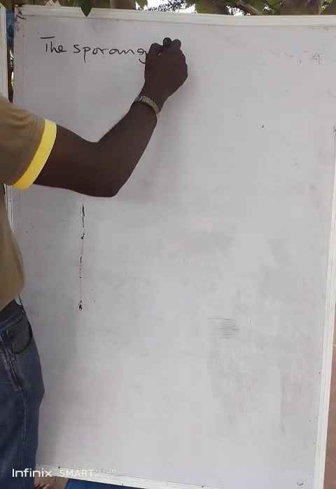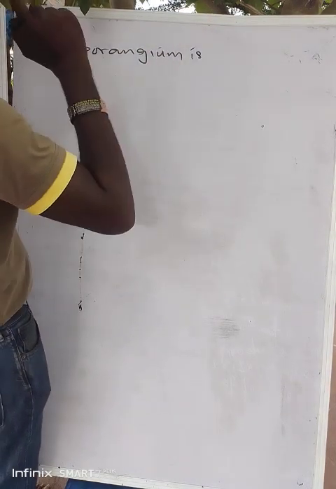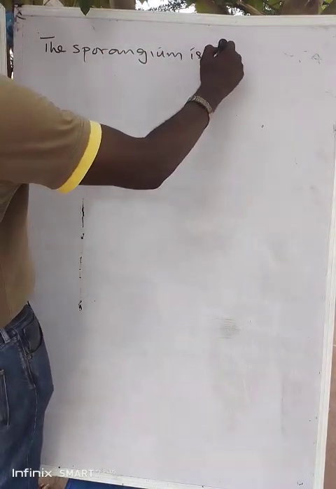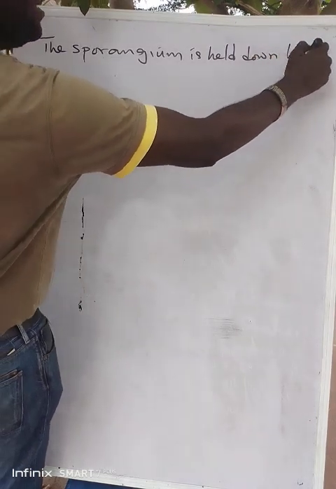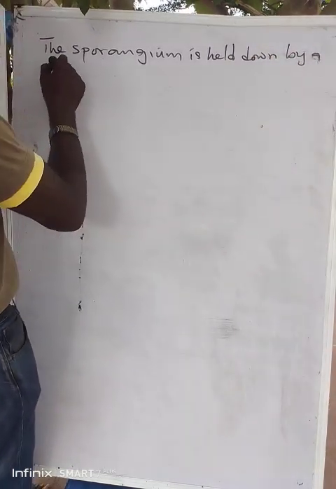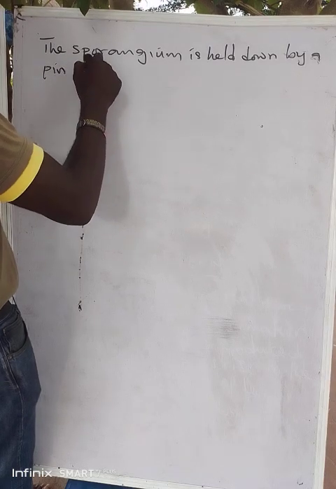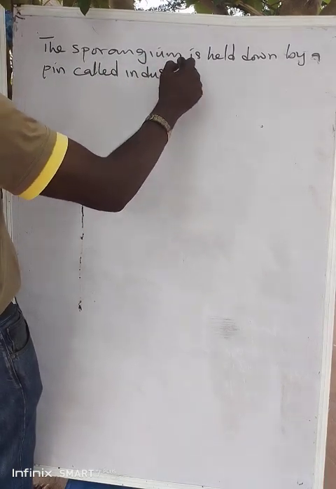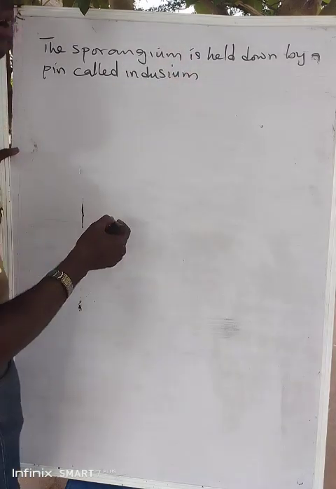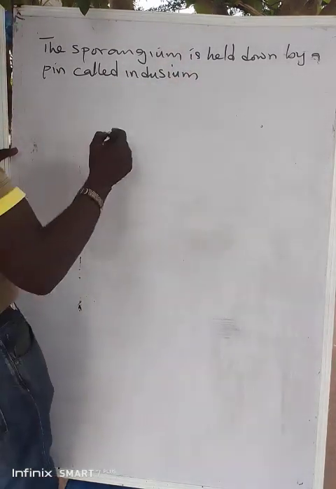The sporangium now is held down by a pin called indusium. The pin that holds it down on the sporophyte is called indusium.